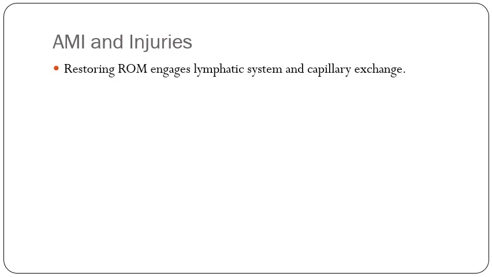So when we look at arthrogenic muscle inhibition in injuries, cryotherapy we know may diminish the effects of arthrogenic muscle inhibition. We had talked about this earlier in the principles chapter. So again, we want to look to restore range of motion. Restoring range of motion is going to engage the lymphatic system, so that immediately is going to assist with the removal of swelling, and it's also going to enhance capillary exchange, which will also assist with the healing process.